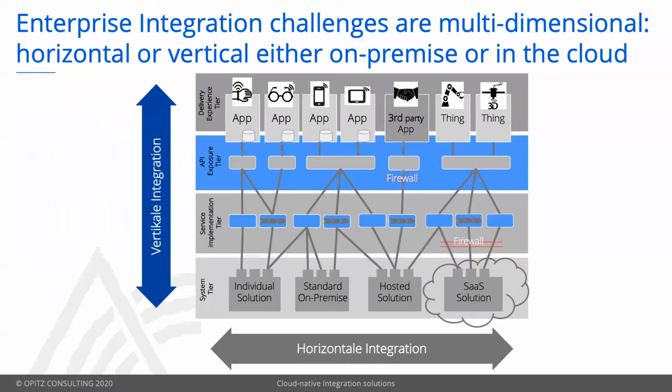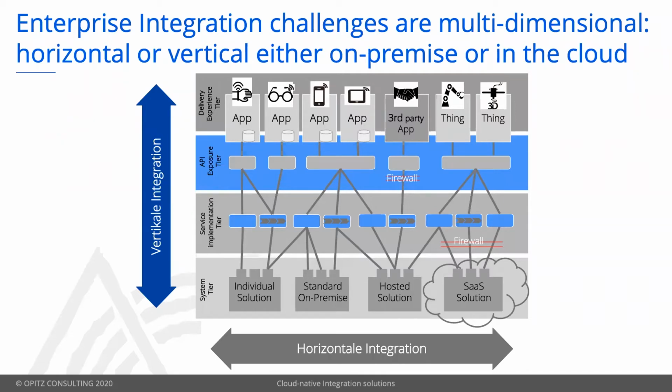Integration is multi-dimensional. So as I said before, we originally just looked into horizontal integration requirements. This means system to system, but we also have this vertical integration where we have different requirements. So this is all the stuff with respect to API-led integration, right? There you have synchronous integrations, and on a horizontal level, you have maybe batch integrations, you maybe have event-driven integrations and all that kind of things.